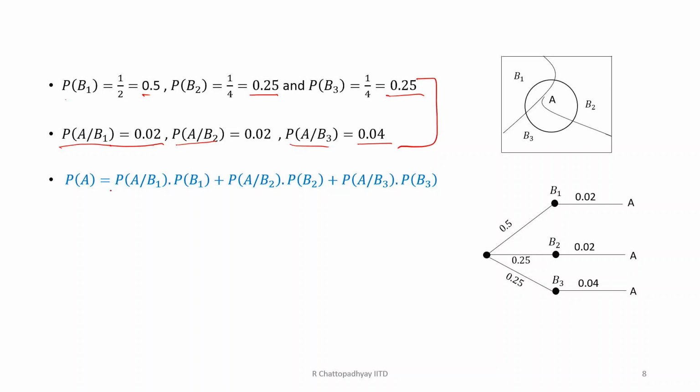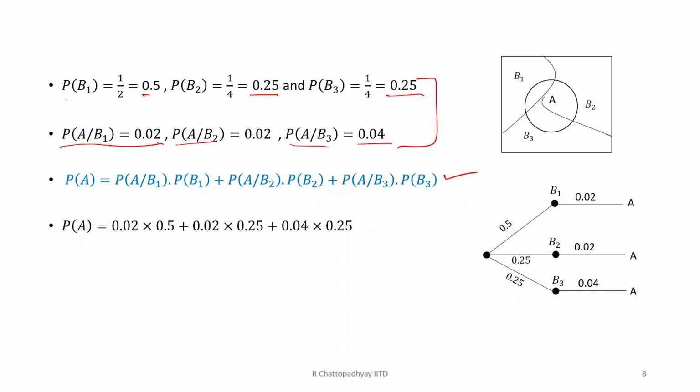Now comes this particular formula, that is for total probability. In this case, it is limited up to 3, because there are 3 factories. So P(A), if I want to know, I substitute the values simply.